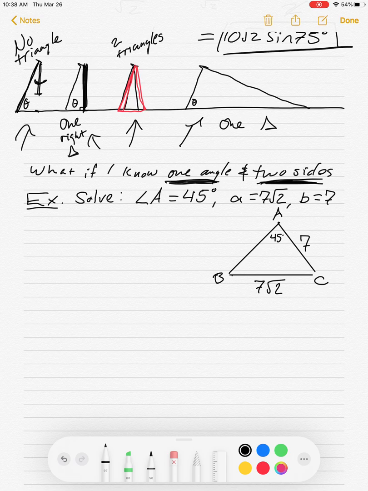So you see here I can't immediately fill in either of these angles because I actually only know the one angle, 45 degrees. So I'm going to be stuck finding the side C here first.